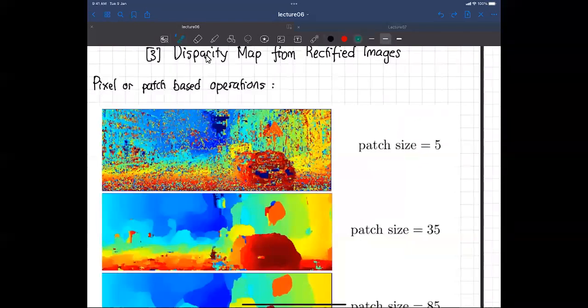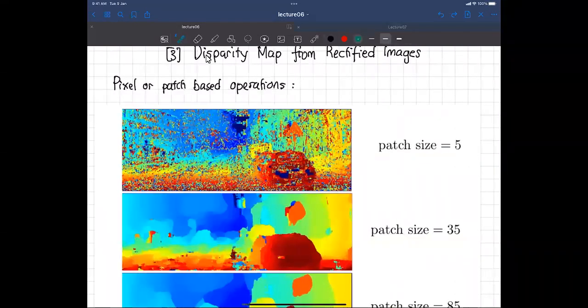So this one, for example, is patch size 5. If you use patch size 5, we can get the depth using the disparity from the rectified image, right? But it is quite noisy. Even a 5 by 5 patch is quite noisy, but the good thing is that it is quite sharp.